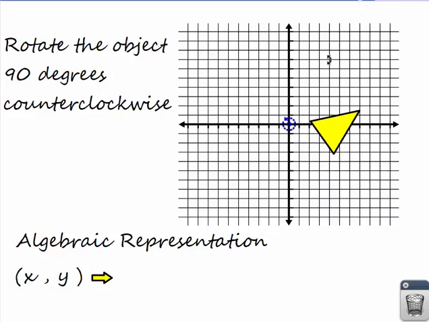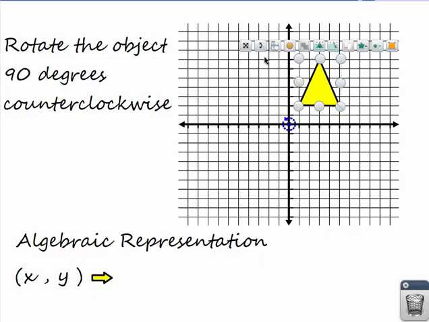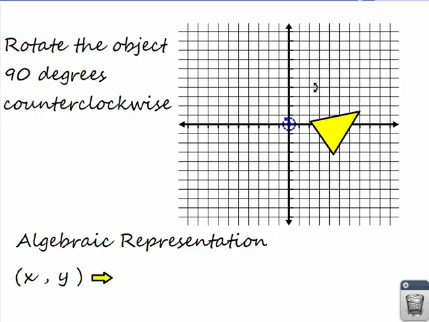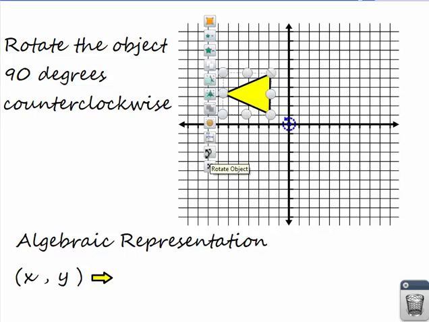So that's what I use to remember which one is going to change. If I rotate clockwise, it rotates over the x, and the x changes. If I rotate counterclockwise, it rotates over the y, and the y value changes. And that's how we deal with rotations. Until the next video.